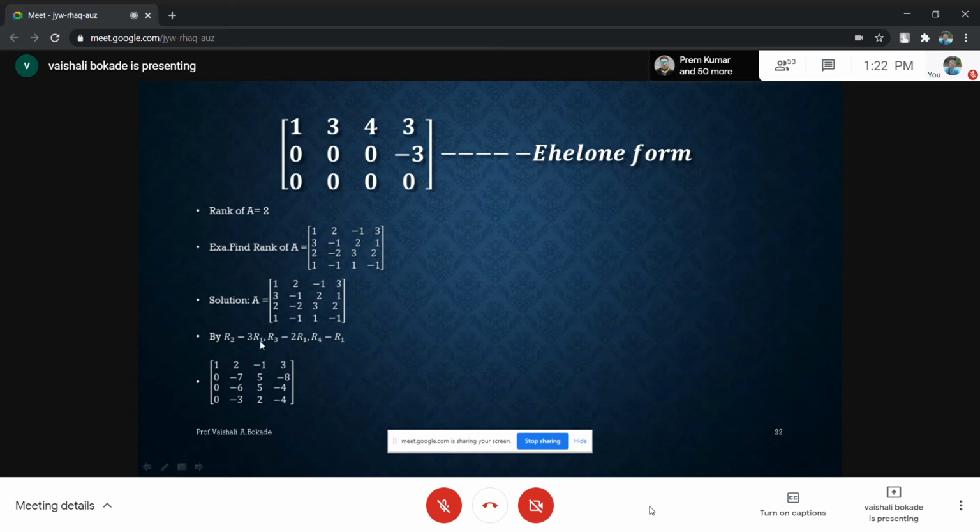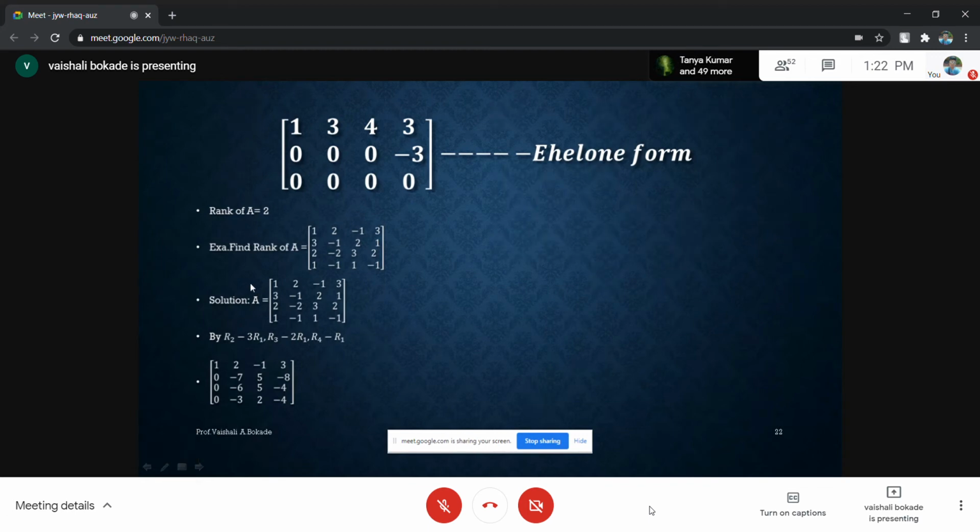So I can use row transformations directly here. Which row transformation am I using? For the element at the 2 1 place, I have to make it 0, so I am using R2 minus 3 R1. Remember that after having the element at the 1 1 place be 1, to make the other entries in the first column 0, you will use only R1.